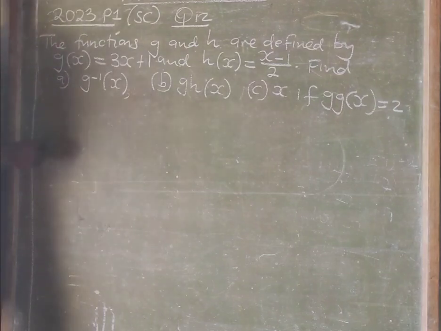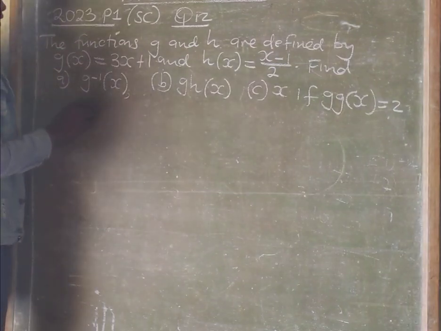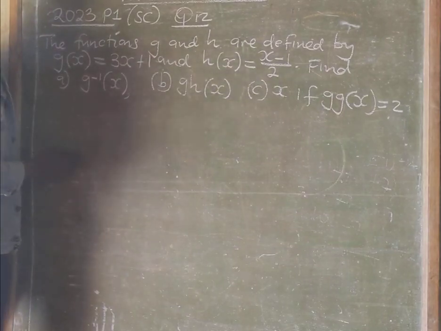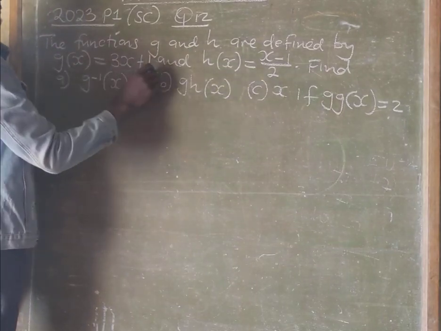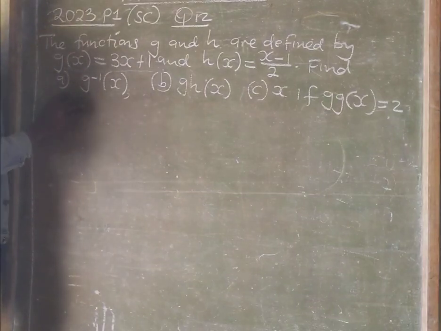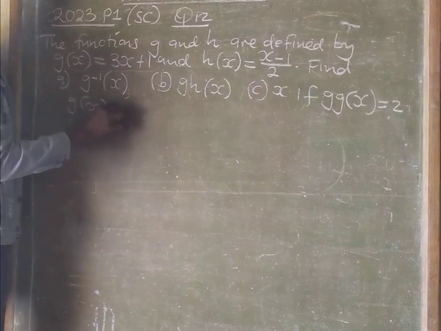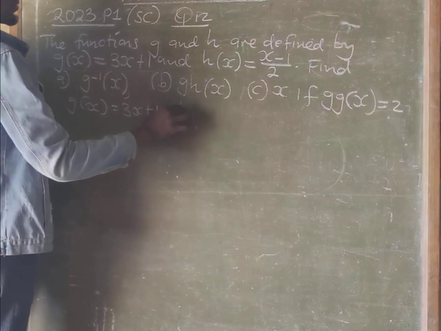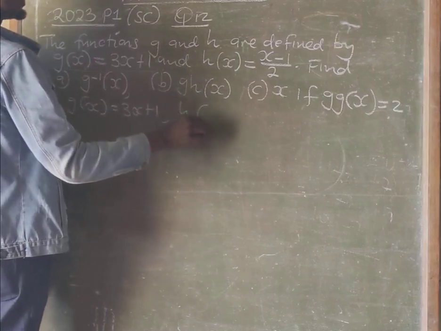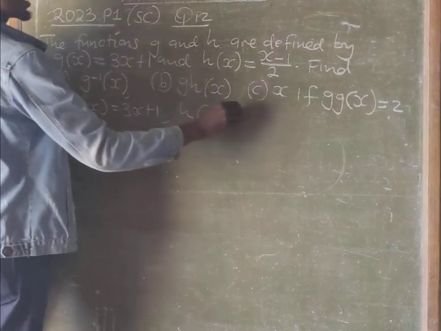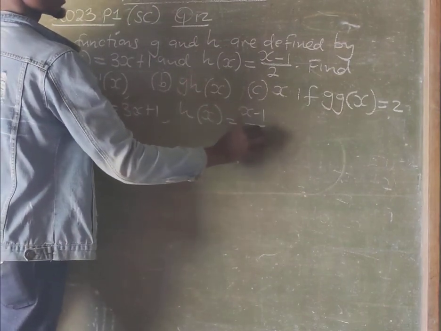To answer question 1, the first thing we need to do is rewrite the functions that you have been given. The functions that we have are g of x equal to 3x plus 1, and h of x equal to (x minus 1) over 2.